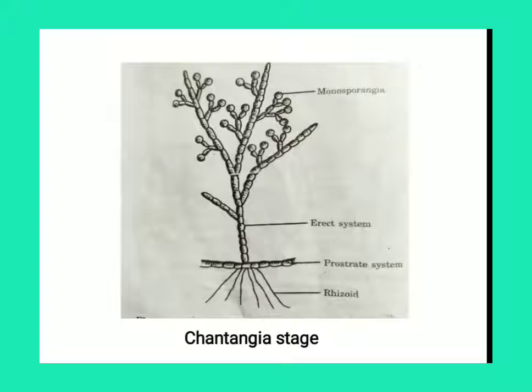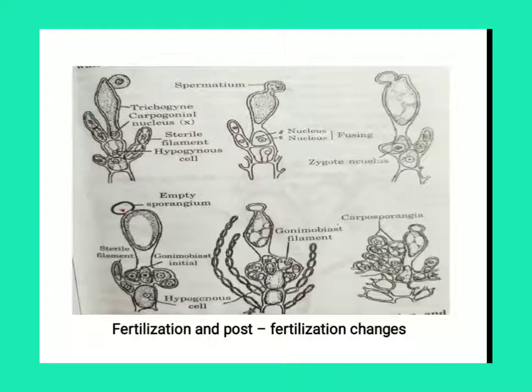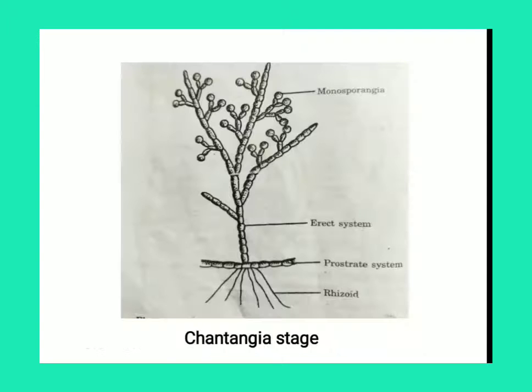You can see in this figure the carpospores developed after post-fertilization changes. The carpospores further germinate into a heterotrichous system, with the prostrate system and the erect system. This is the juvenile stage, the young stage of Batrachospermum, known as the Chantransia stage.